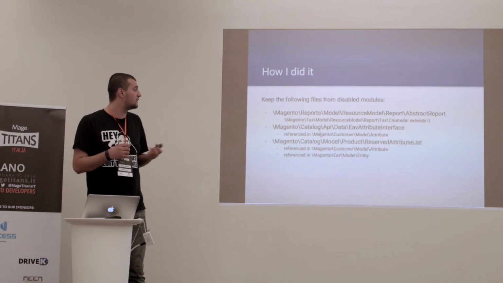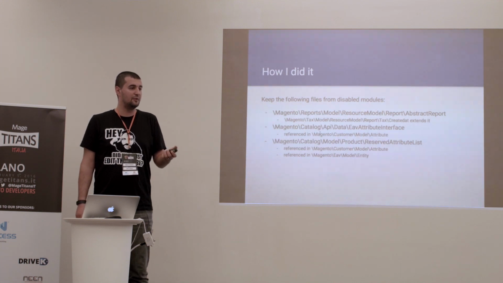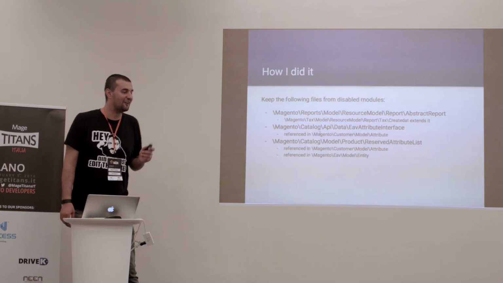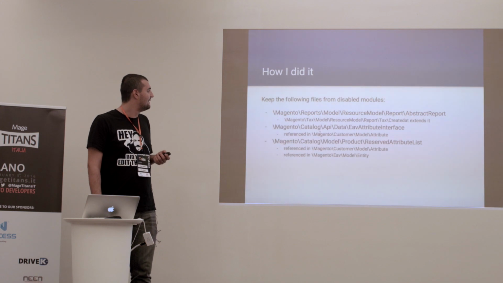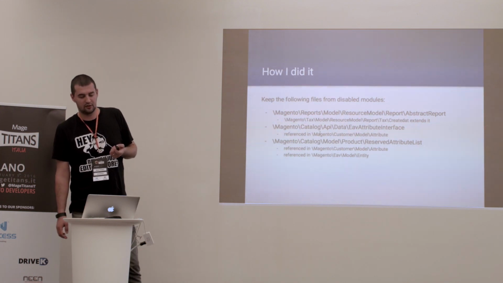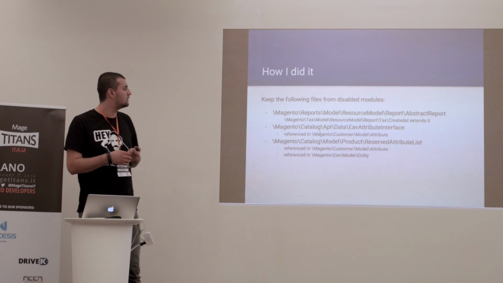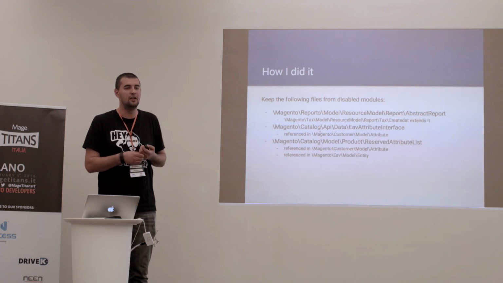Again, I don't know why. I think that interface should be in the EAV module. Feel free to stop me if I say something wrong, or if you correct me. And again, there's a reserved attribute list class in the catalog module that is referenced in the customer module and the EAV module. And honestly, this should reside in the EAV module.